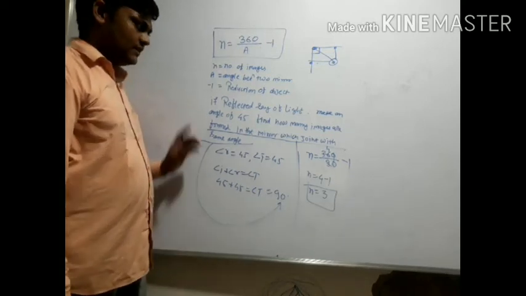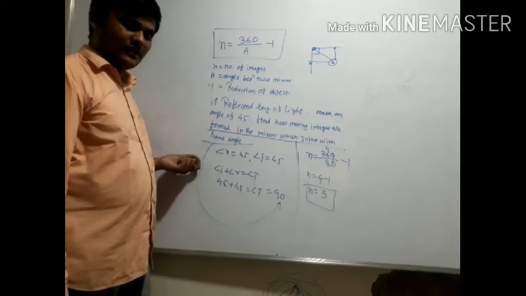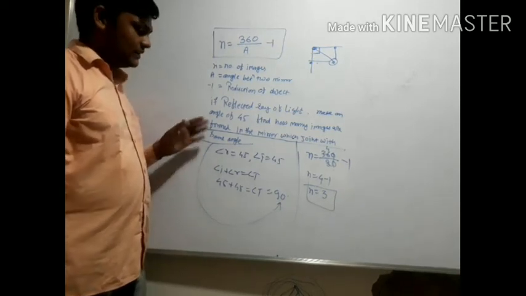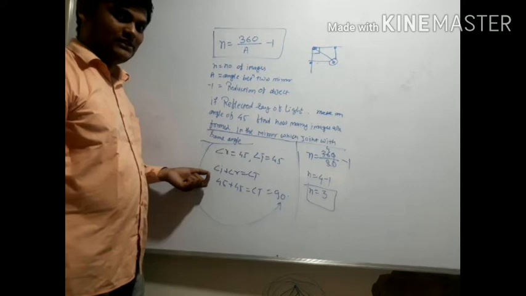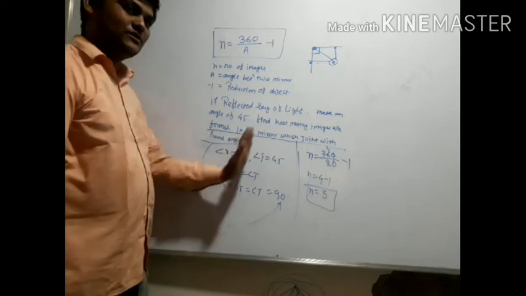A little bit of confusion is created in the numerical when we are moving forward, isn't it? So that's the reason we'll start from so less to so high.